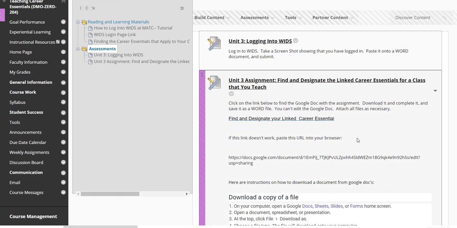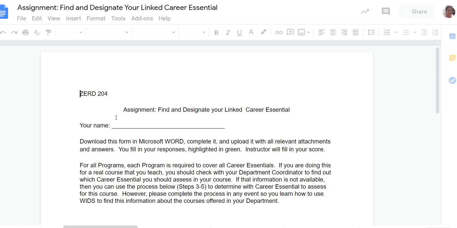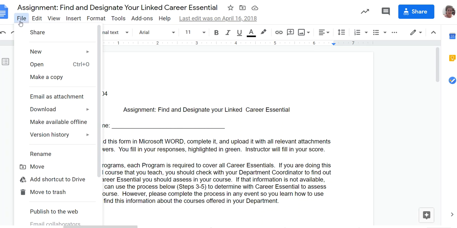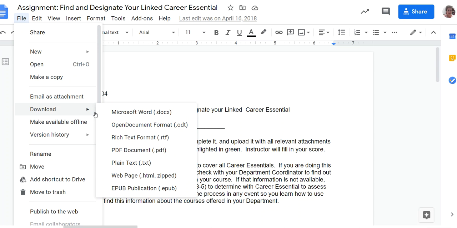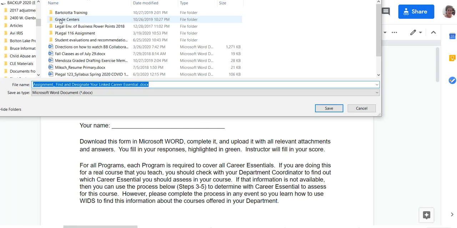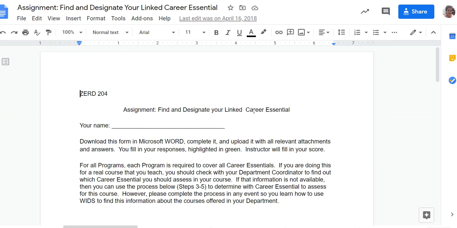Please note that some of your assessments are Google Docs. So you would click to the Google Doc. You will not be able to edit directly on the Google Doc. So what you have to do is File. You want to download it as Microsoft Word. You will download it, and then you will work in Microsoft Word.